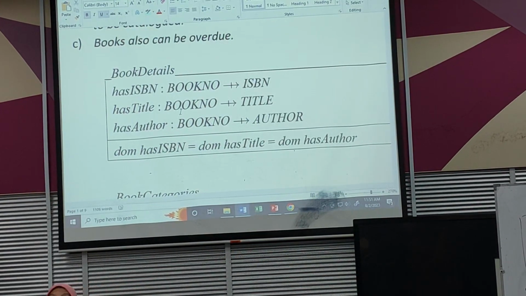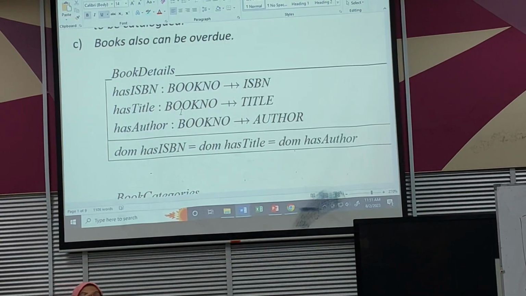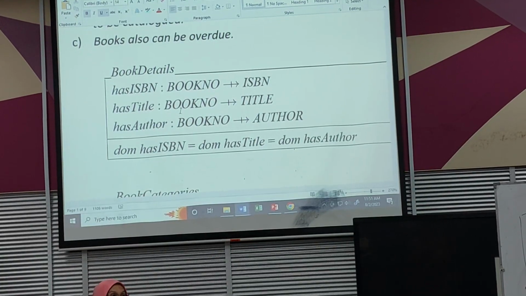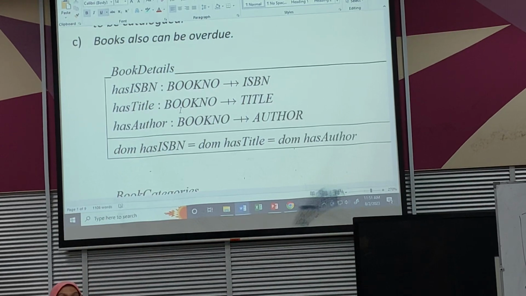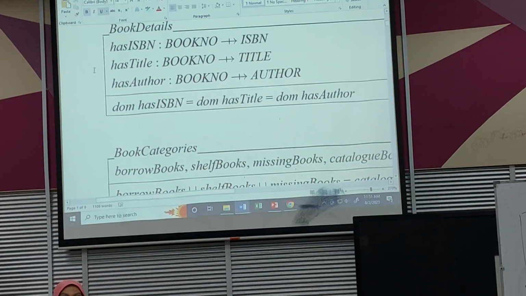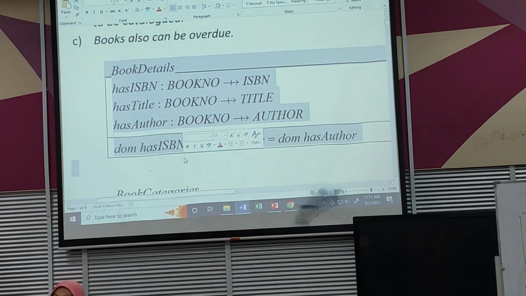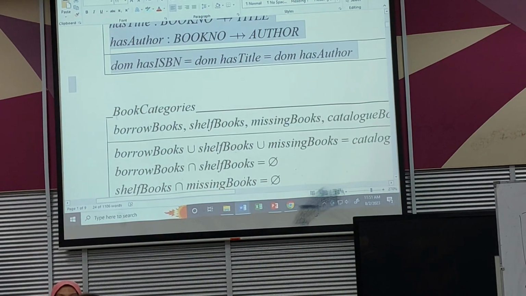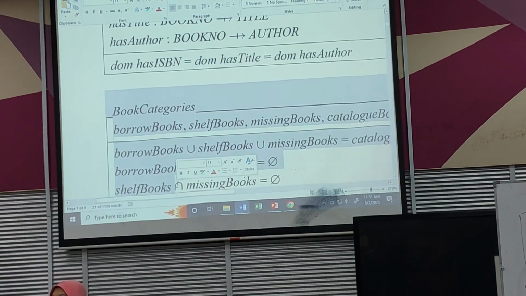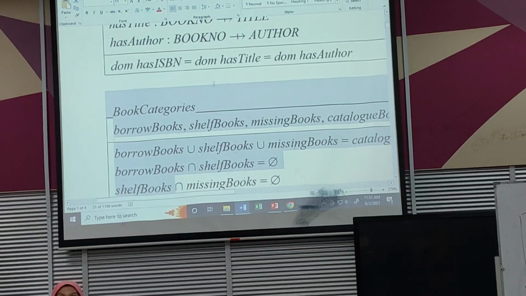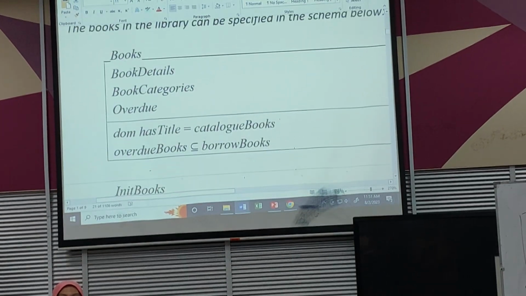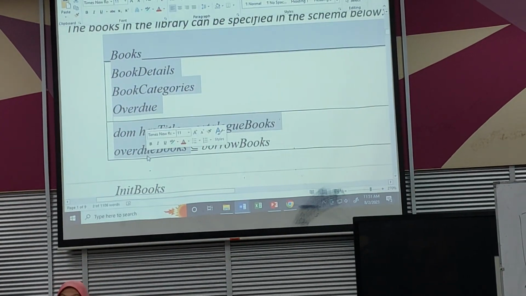It is similar to inheritance, but we don't have inheritance in our Z schema. So my suggestion is you can do it separately like this. Maybe one for general, and another one for each individually. After that, you can combine into one module like this.